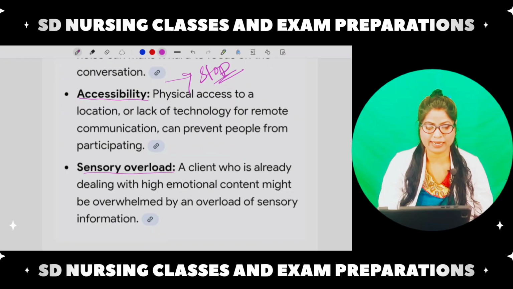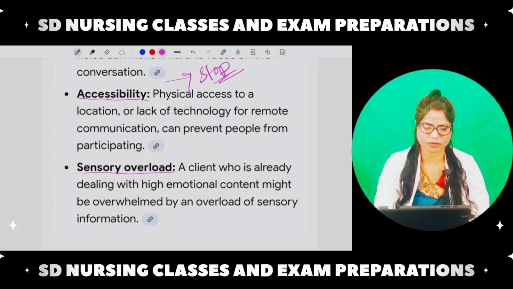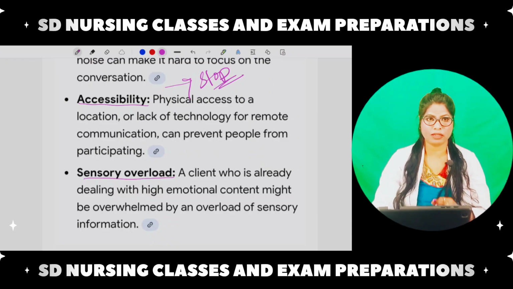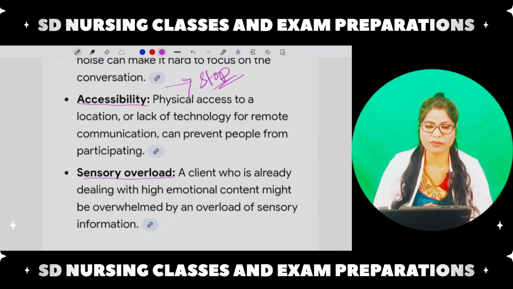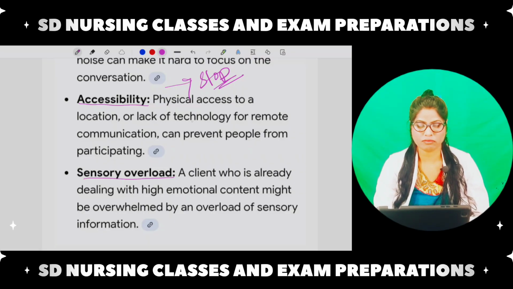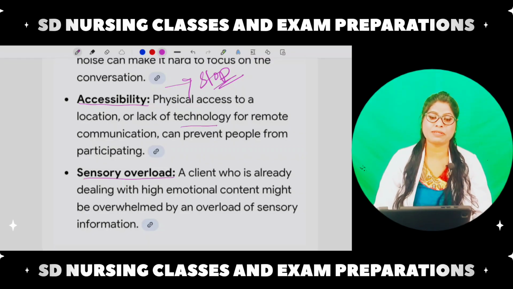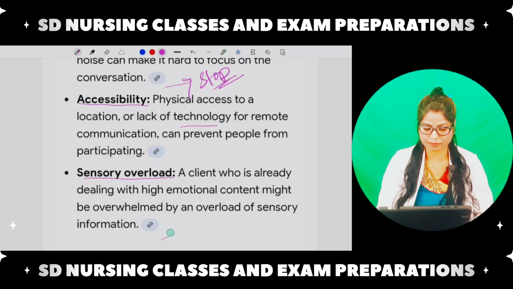Then second is accessibility. This is any type of technical issue, remote communication, technological location, or participation. So this is accessibility. This is the barrier. How to overcome this?